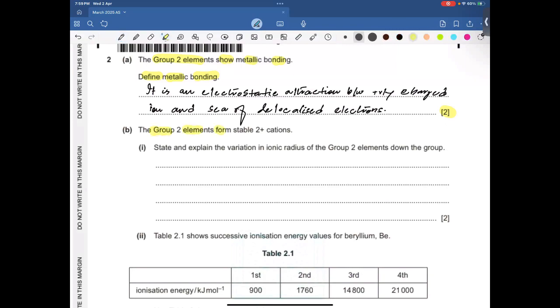Next, the group 2 elements form stable 2 plus cations. State and explain the variation in the ionic radius of the group 2 elements down the group. That's an easy thing. Down the group, number of shells increases. Shielding increases.